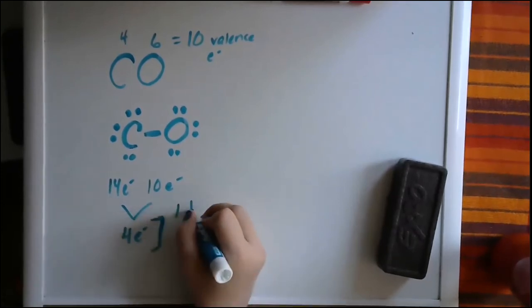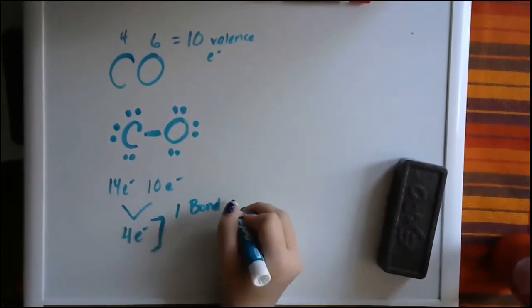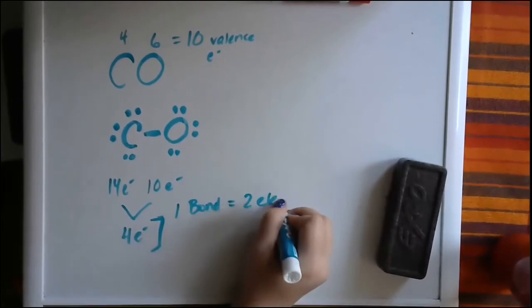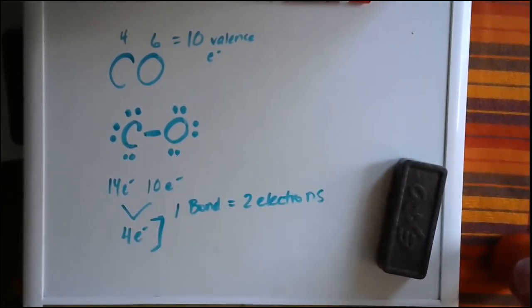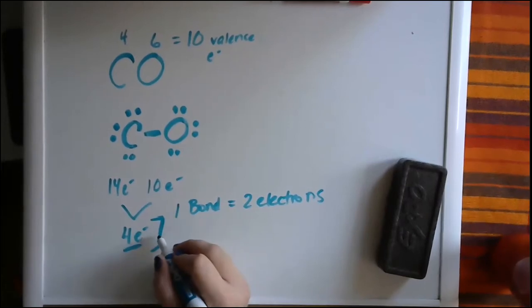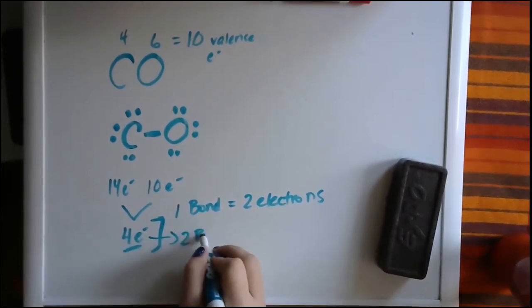Every bond equals 2 electrons. So I'm missing 4 electrons for this structure. That means that I'm going to need to add 2 bonds to it.